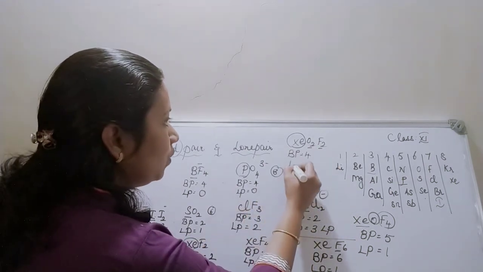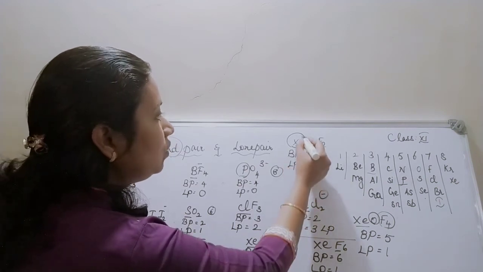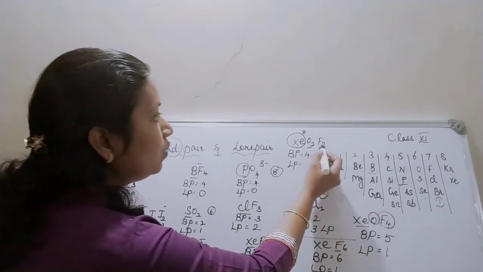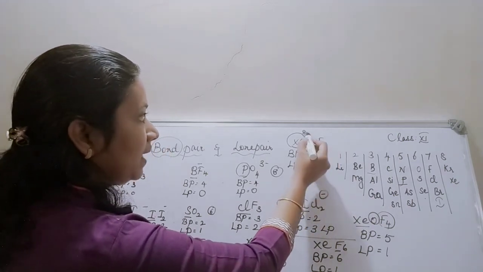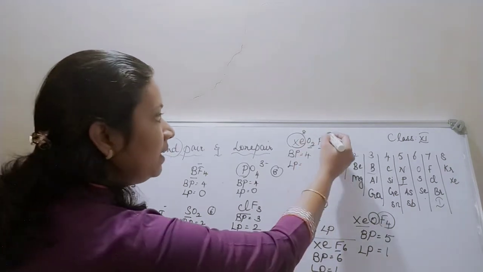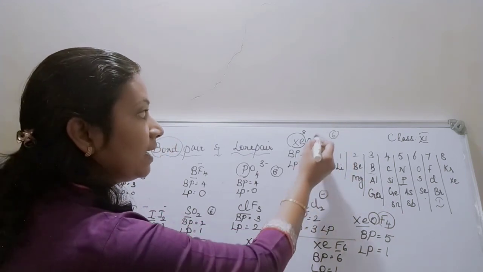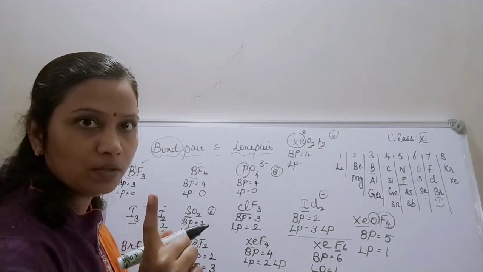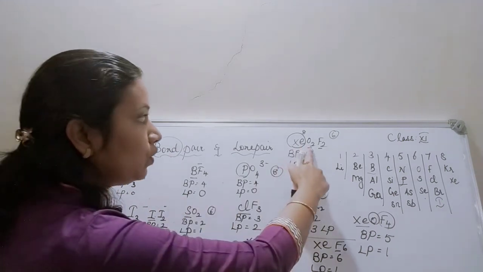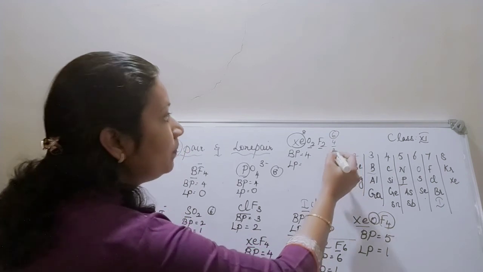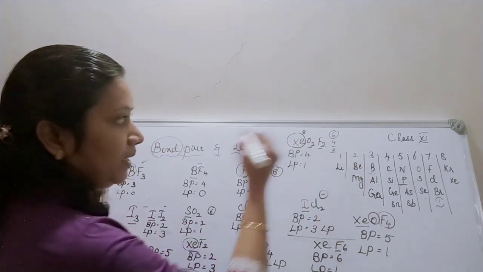Now, how many lone pairs? Out of 8 of xenon's configuration, 2 fluorine atoms have paired. So, 8 minus 2 will be 6. In 6, 2 oxygen atoms have formed a bond. We know for 1 oxygen atom 2 is involved. So, for 2, 4. So, 6 minus 4 is equal to 2. Then 1 lone pair is present.